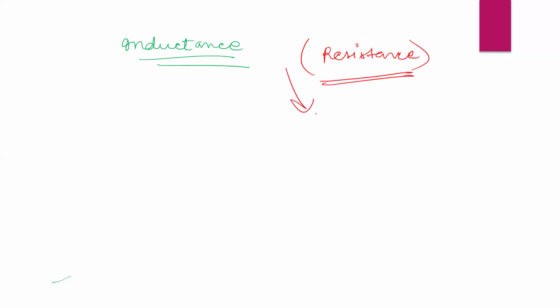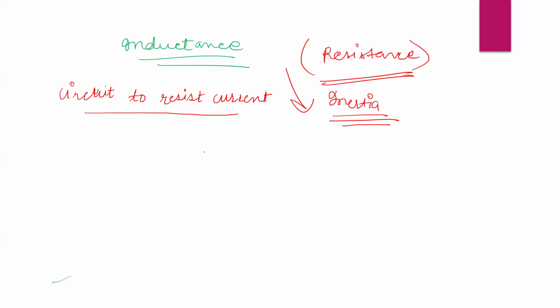We can compare it with moment of inertia. Inertia stops a body from changing its motion or from getting into motion. Similarly, inductance is the ability of a coil or a circuit to resist changes in current. It's like inertia in electricity.